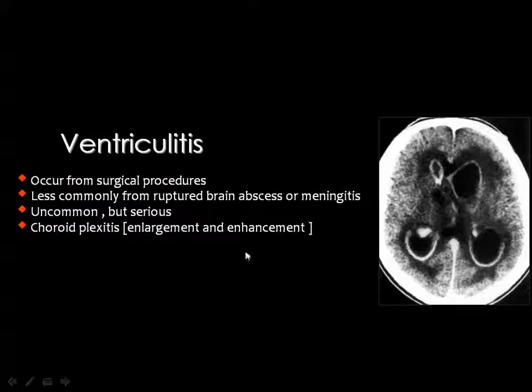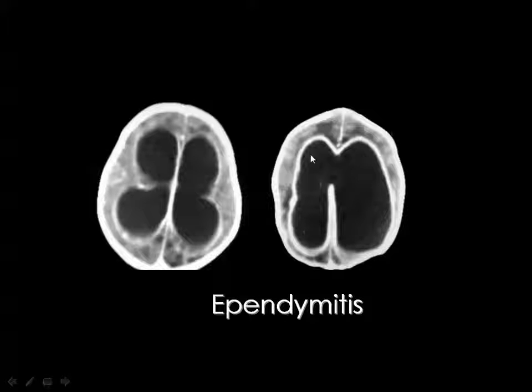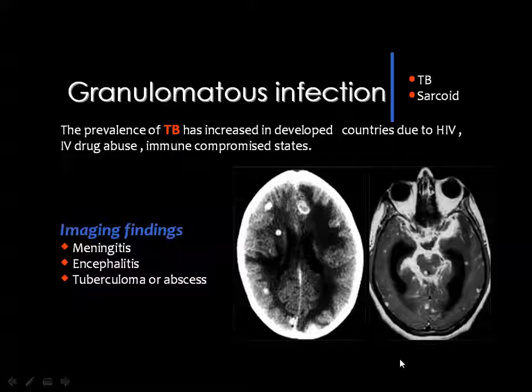Ventriculitis is uncommon, but a serious disease, and inflammation of the choroid plexus inside the ventricle may result in abnormal enlargement and enhancement. And this is a case of ventriculitis, as you can see, thickening and enhancement of the ventricular walls.